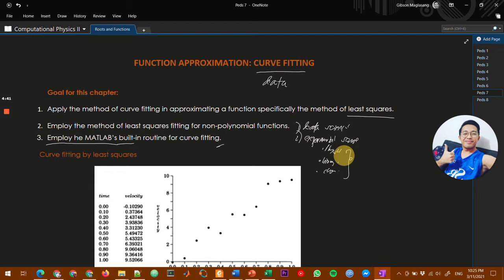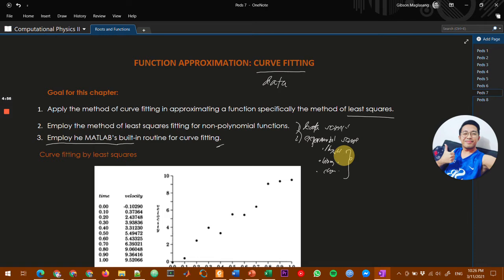So doing mathematical modeling sa imuhang data would be important and useful. So we can do the simplest, which is the curve fitting.